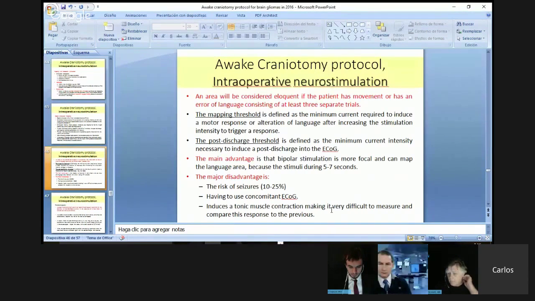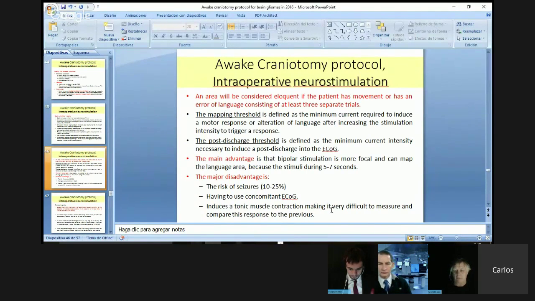We need to know about the mapping threshold and the afterdischarge threshold. The main advantage of this kind of stimulation is that it is more focal and can map the language area because the stimulus lasts 5 to 7 seconds.